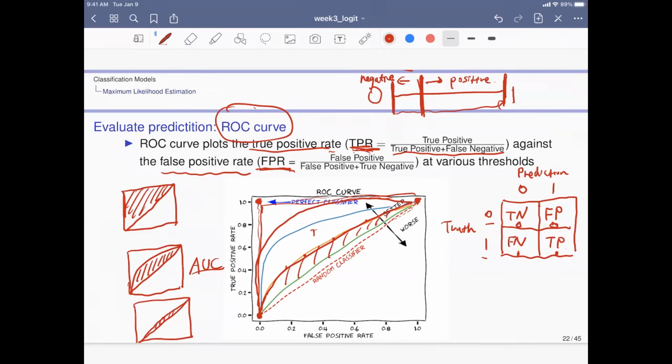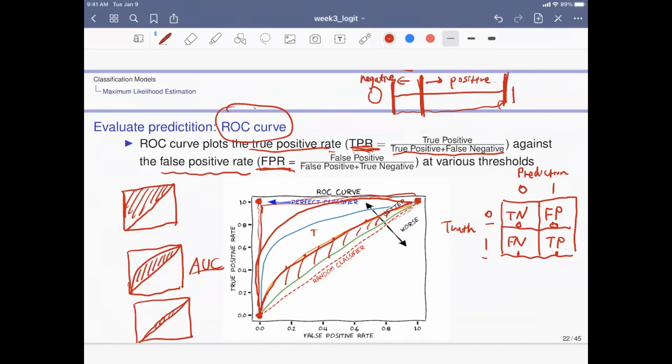If it's at 0, as I said, it will give you this point, because all the ROC curves always pass through these two points. One is the 0, 0 point, and the other is the 1, 1 point. That corresponds to when you are putting the threshold at either 0 or 1, so all of the predictions are positive or all of the predictions are negative. And for everything in the middle, you have something along the curve.